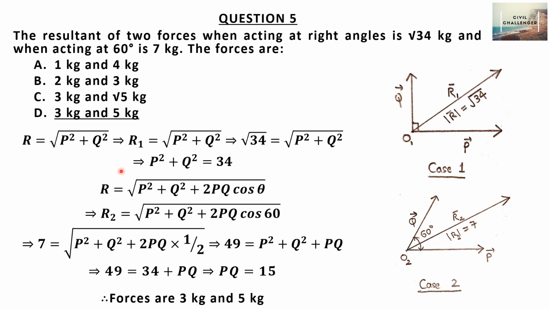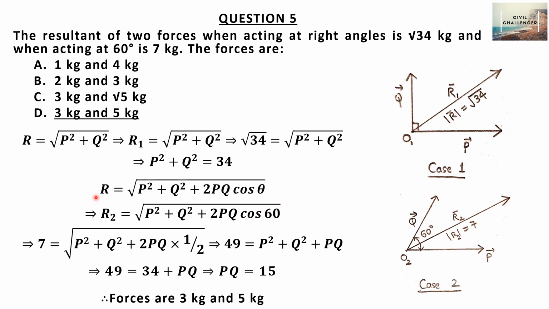From the first case, applying the equation R is equal to square root of P square plus Q square, we have R1 is equal to square root of P square plus Q square, and R1 is equal to root 34. Therefore, root 34 is equal to square root of P square plus Q square. Squaring both sides, we get P square plus Q square as 34. Then, in the second case, we can apply the equation R is equal to square root of P square plus Q square plus 2PQ cos theta.